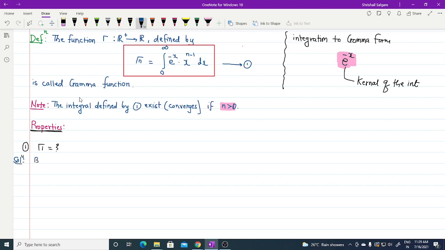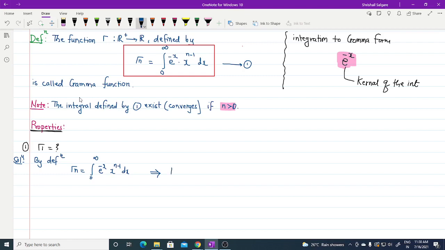By the definition of the gamma function, gamma n is equal to the integral from 0 to infinity of e raised to minus x, x raised to n minus 1 dx. So in this definition, you have to put n equal to 1.